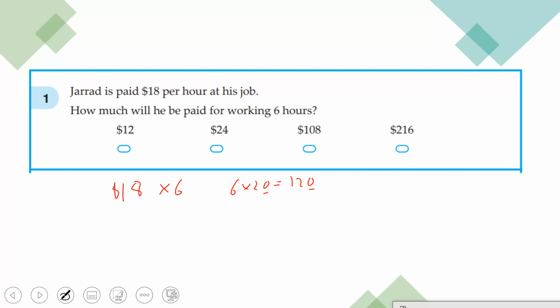And it will be less than that, because we are only 18 instead of 20. So we've just got to take 12 from 120 to get you $108. You just need to type this into your calculator to get the answer though. Very straightforward. 108.